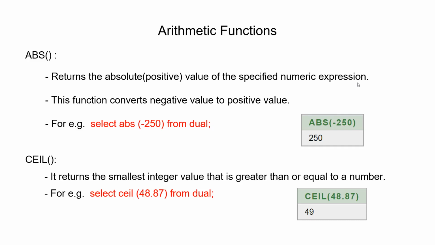So in this case, if the number after the decimal point is more than 5 or less than 5 only, then it will return the higher number because ceil is there. So here the example is select ceil 48.87, then the output is 49. But if you give 48.1 also, then it will return 49 because it is the ceil.